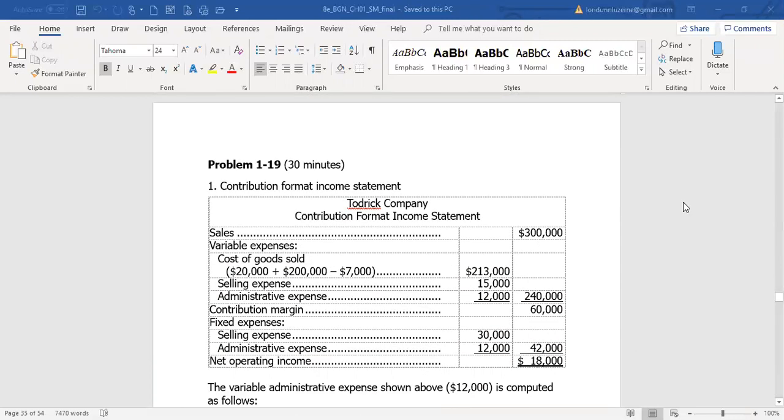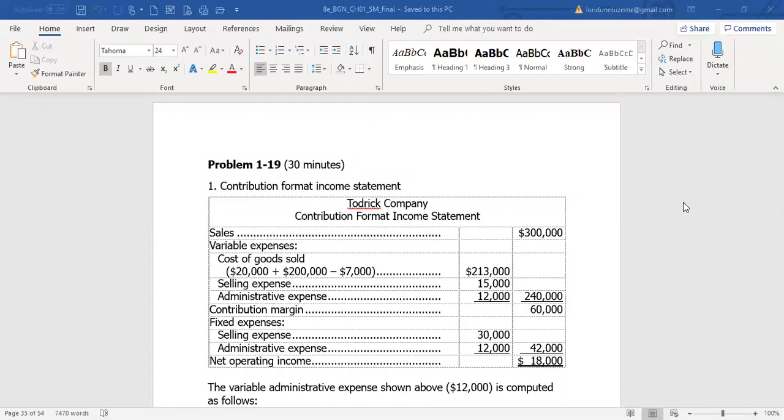Now remember, a contribution format is not a normal income statement. It first calculates contribution margin. And the way we calculate contribution margin is by taking sales minus variable expenses, not all expenses, but variable, those that will change as sales change.